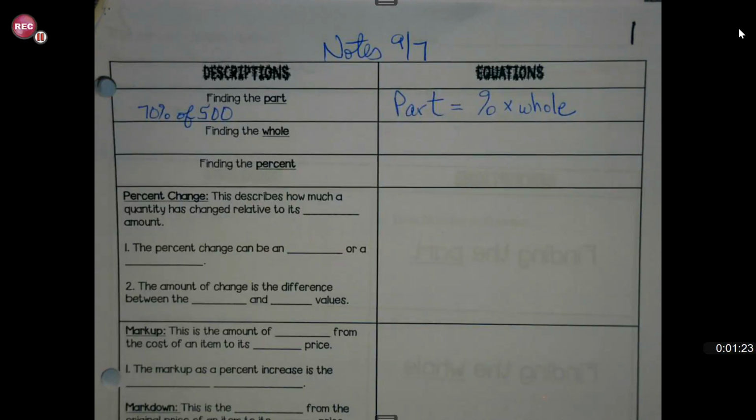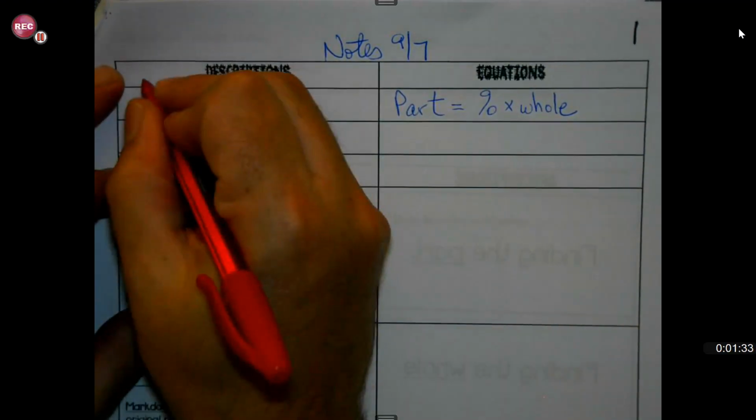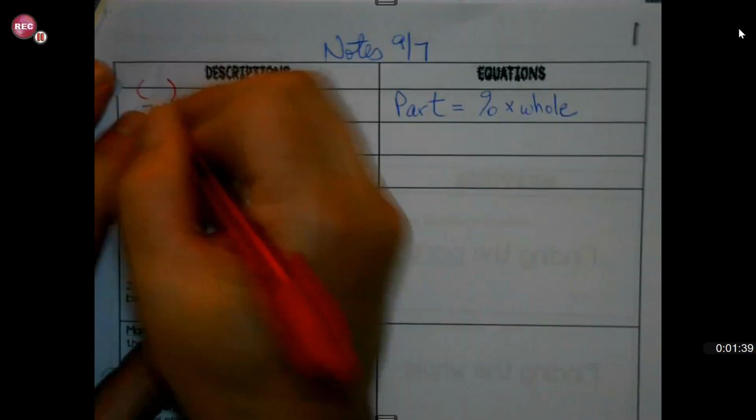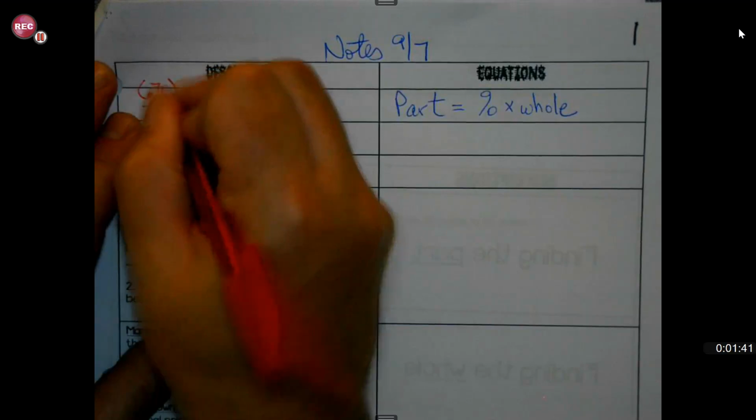If I want to find the part, you take the percent, remember, as a decimal always. If we need the decimal version of this, we're going to divide it by 100. So 0.70.